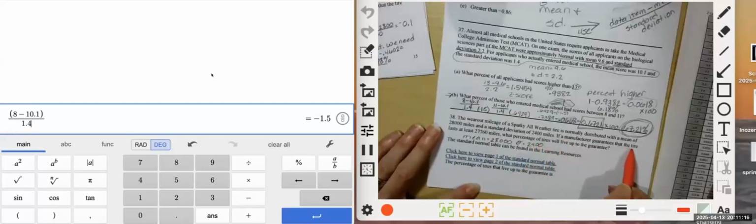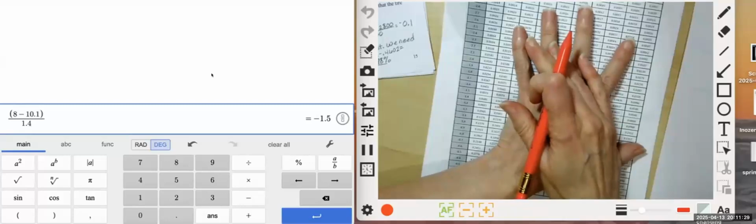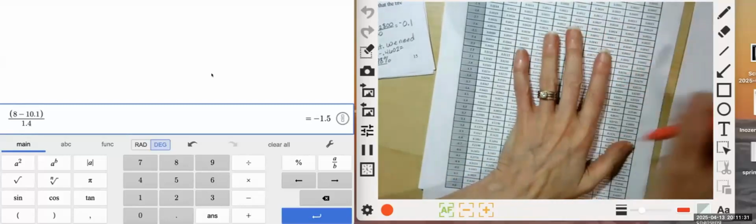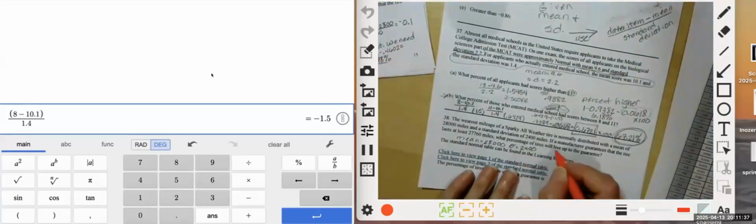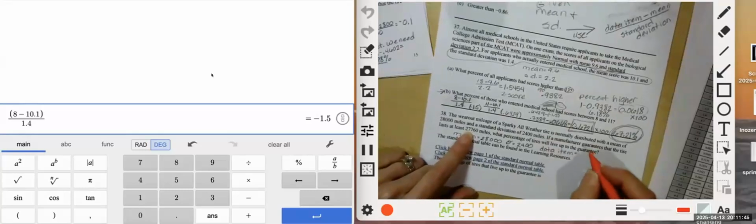If the manufacturer guarantees the tire lasts at least 2,760 miles, what percentage? So what percentage means we're finding the number in here. This number in here is the percent. So we're finding the number inside. And we're given a data item here. Our data item is the at least number.